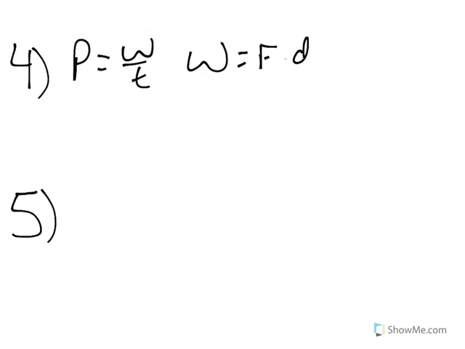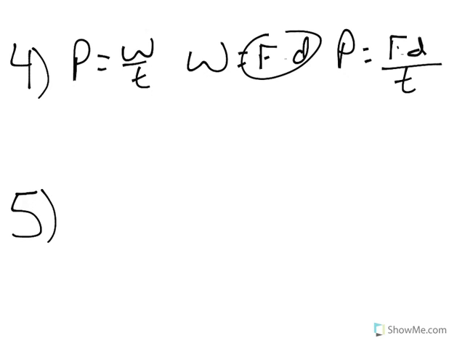Alright, number four, a mechanic used a hydraulic lift to raise a 15,064 newton car 2.38 meters. It took 7.63 seconds. What was the power? So again, power equals work divided by time. Work equals force times distance. So we're going to use power equals force times distance over time because we're just plugging this in for work.